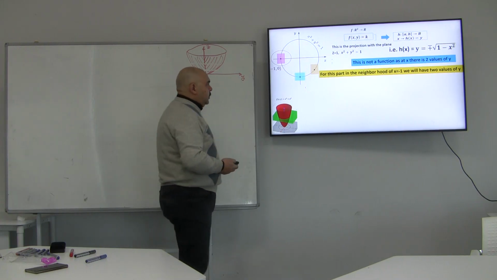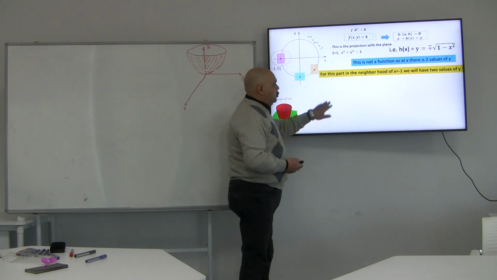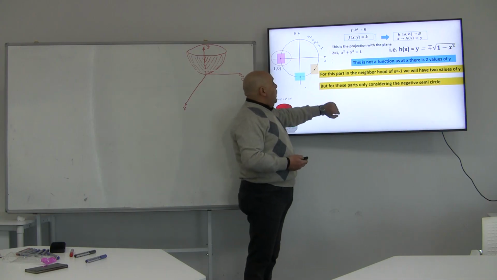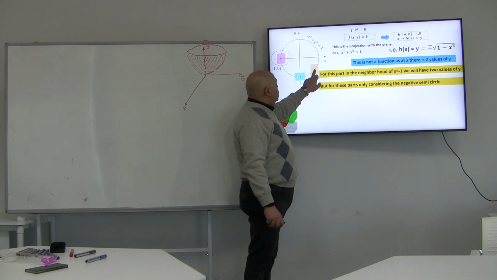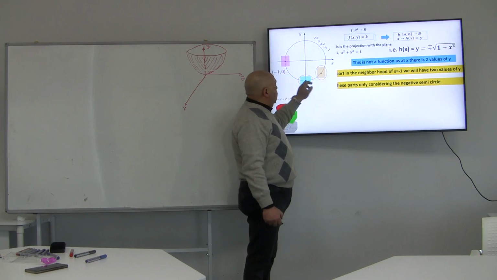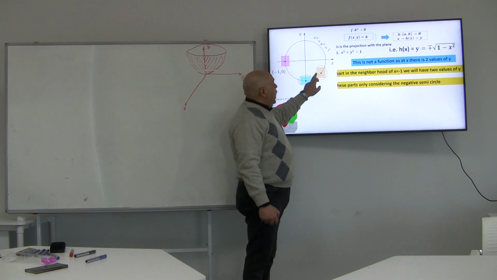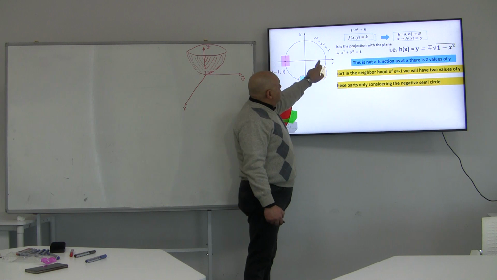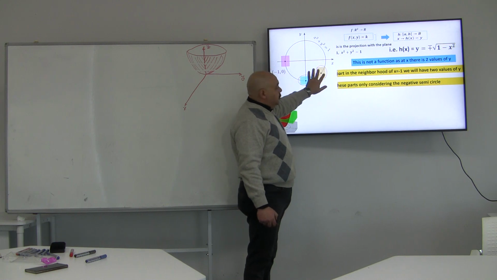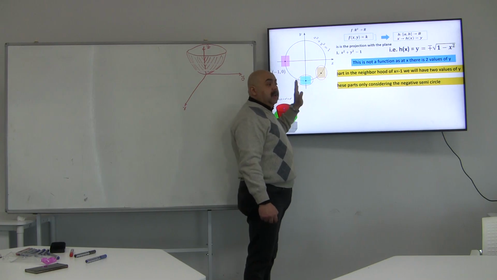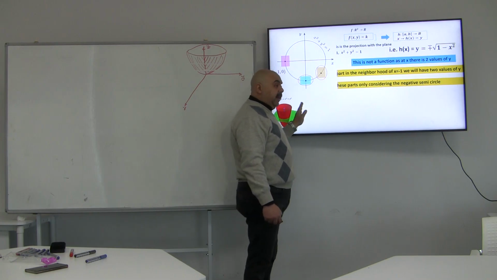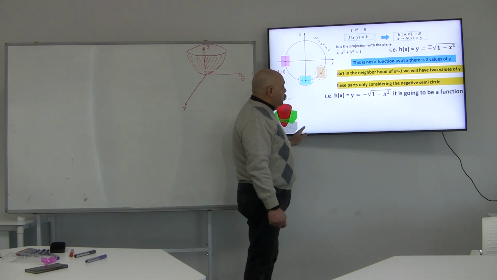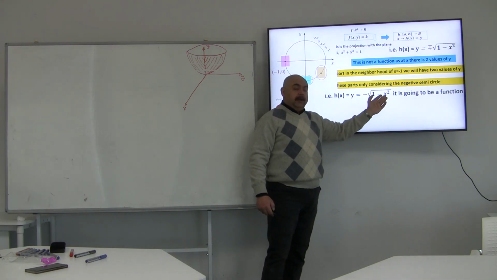For this part, in the neighborhood of x equal to negative 1, this is what I'm telling you about. But for these two parts, as you can see, at a certain value of x in this position, you will have just one value of y. This is because the function you are dealing with here is y equal to the negative of the square root of 1 minus x squared.